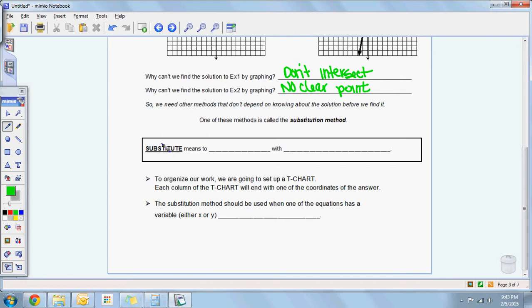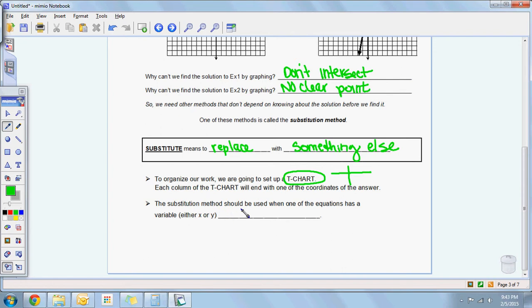Remember, we've talked about substituting things in for x. It means that you're going to replace something with something else. When you're using this substitution method, I'm going to show you that you're going to set up a t-chart, something like this, and you're going to be replacing one of the variables into another equation.